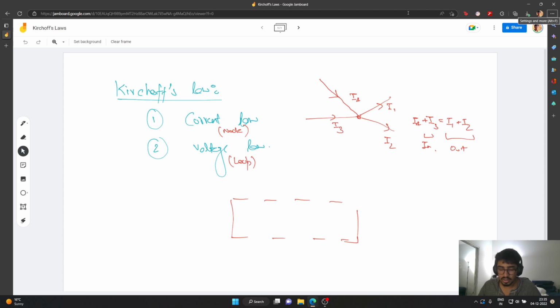Kirchhoff's second law states that the components that are giving energy must be countered by exactly the components that are taking away energy. Your book states this as EMF components, and this is the potential difference, PD.